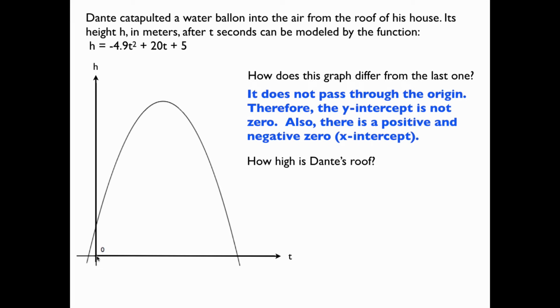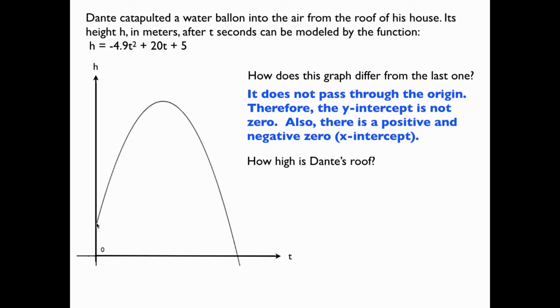Time only matters going forward from that moment. We can't recreate what happened before because nothing happened before. The water balloon was just sitting there in the catapult. It wasn't moving. So these values over here, we're going to pretend they don't exist because they don't make sense in the context of the problem.